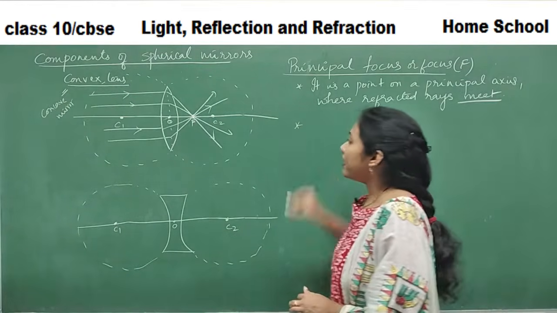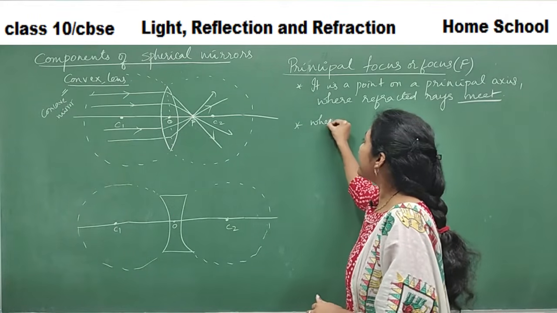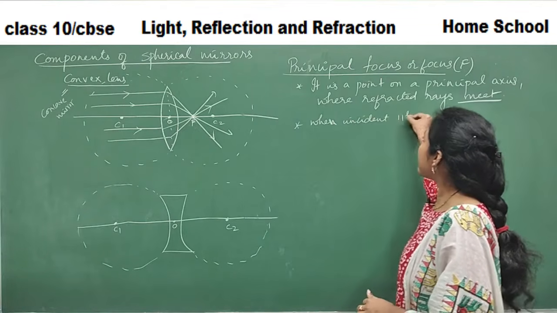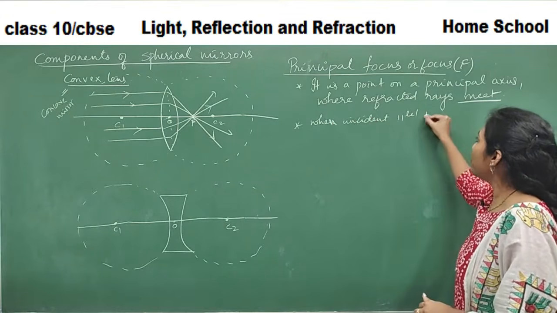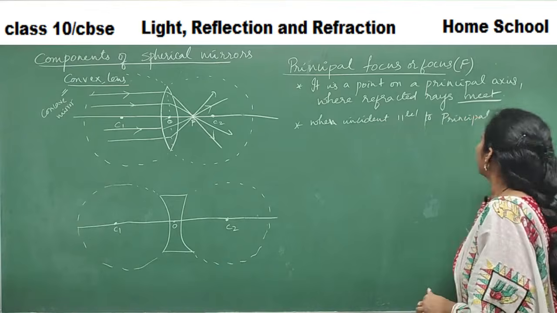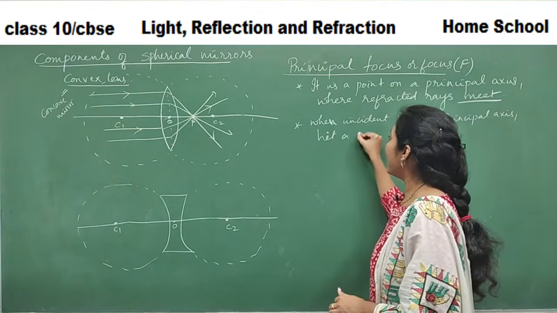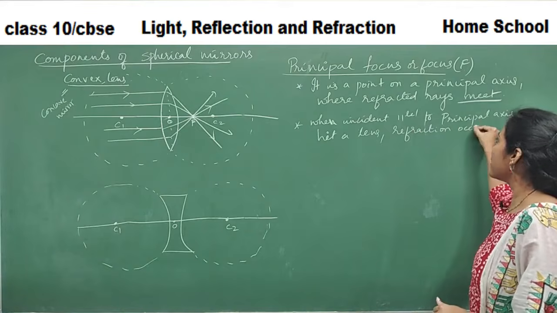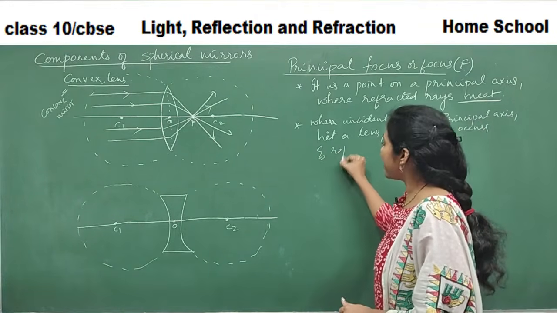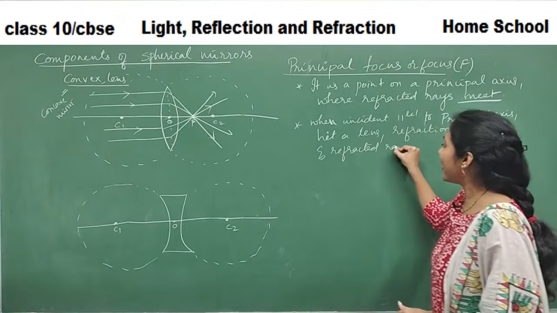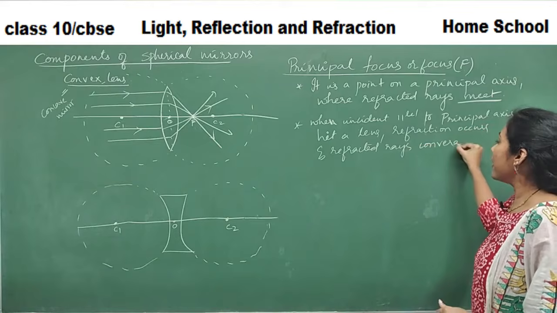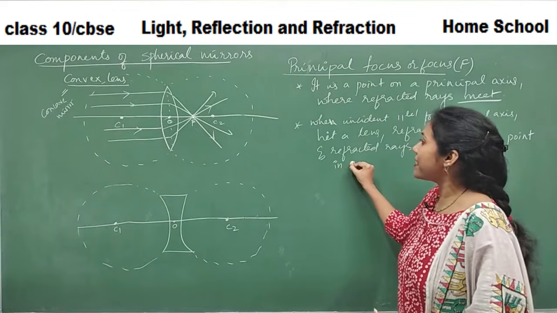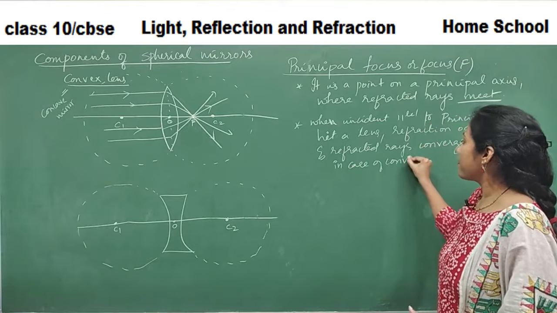So what is the next point I will write here? When incident rays parallel to the principal axis hit a lens, refraction occurs, and the refracted rays converge at a point in the case of a convex lens.